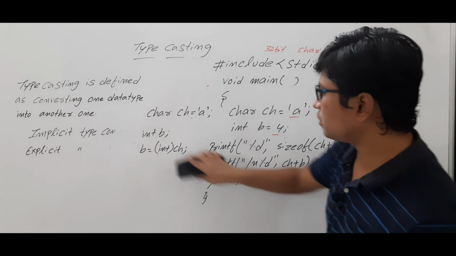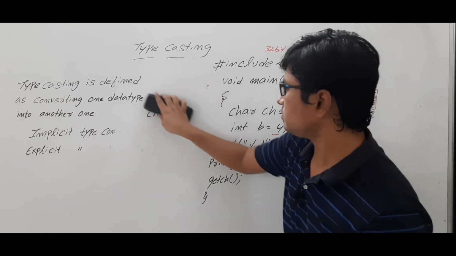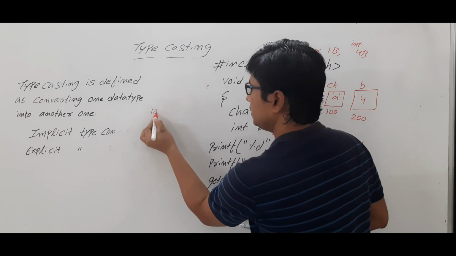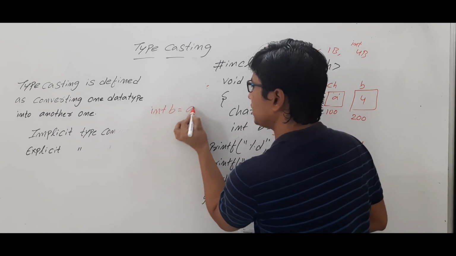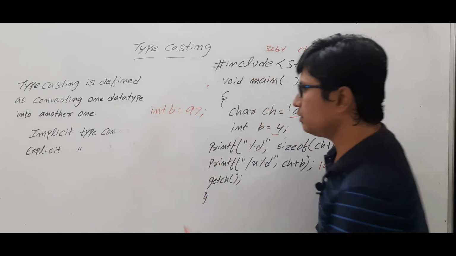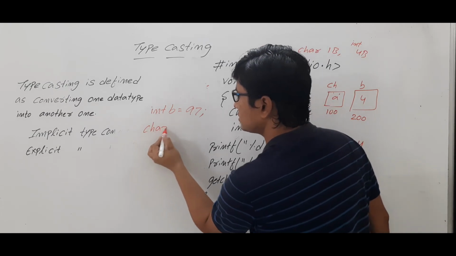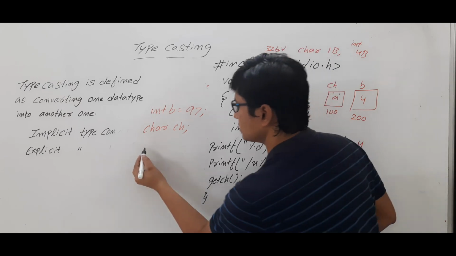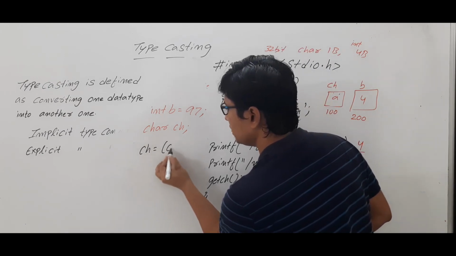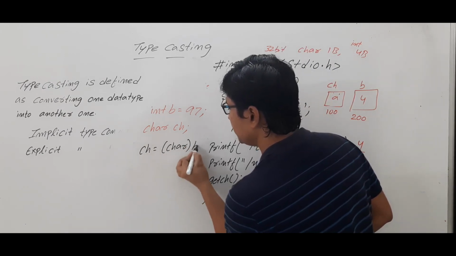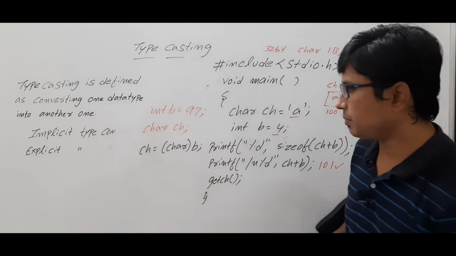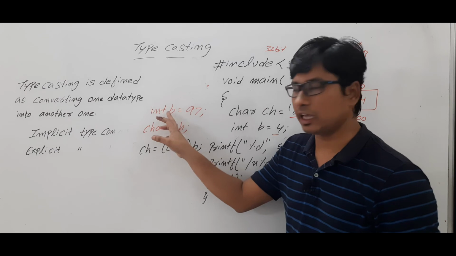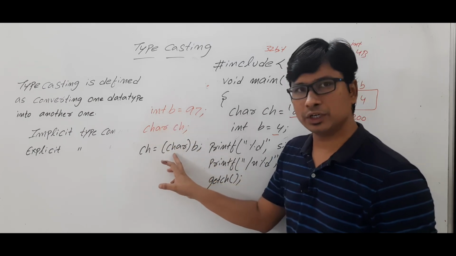You can convert like this also. Suppose you have int b is equal to 97 and you have written char ch, and now you write ch is equal to (char) b. Then this variable b, which is of integer type, will be converted into a character.